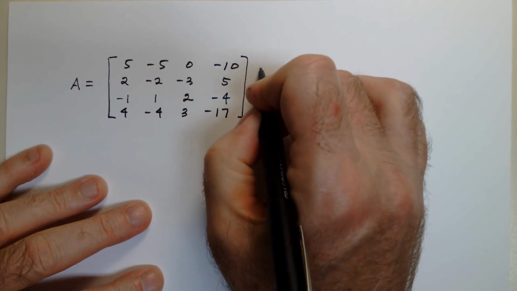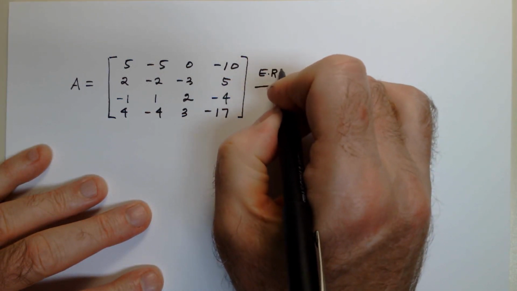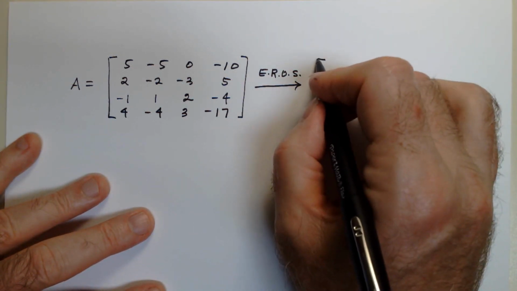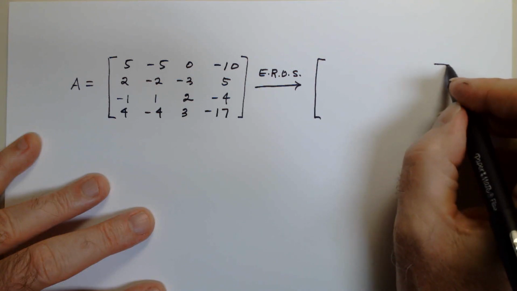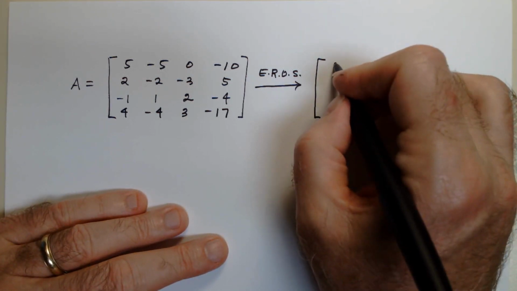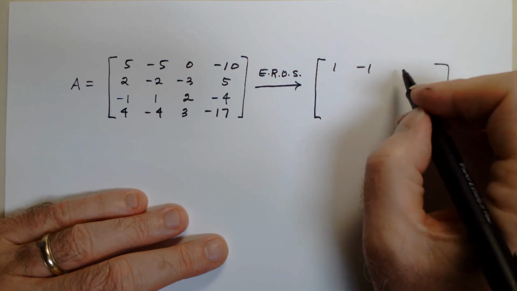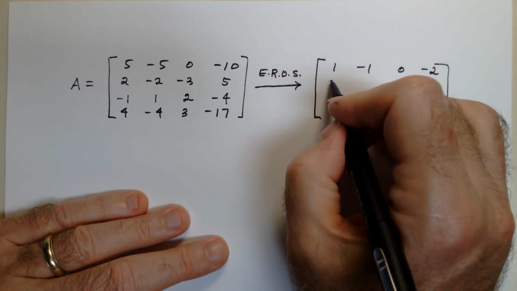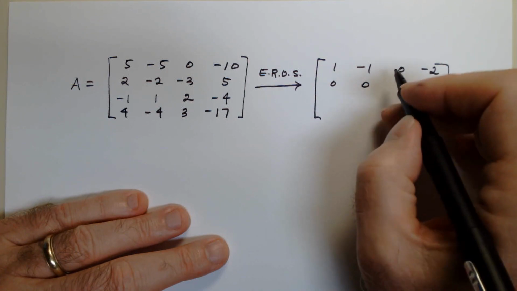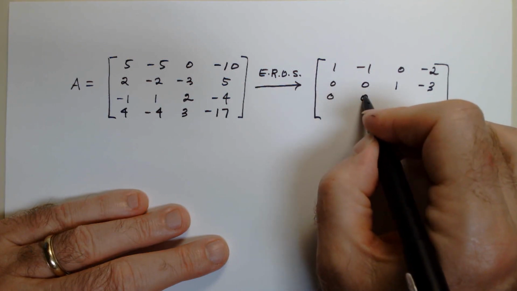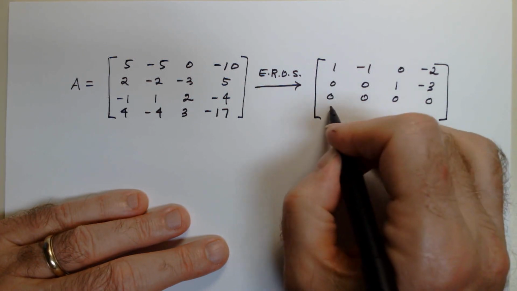I've already done this, so I can show you the result, but there's a sequence of elementary row operations that will ensue, and we'll end up with a reduced row echelon form consisting of, the first row will be 1, -1, 0, and -2. The second row will consist of 0, 0, 1, and -3. And the final two rows consist entirely of zeros.